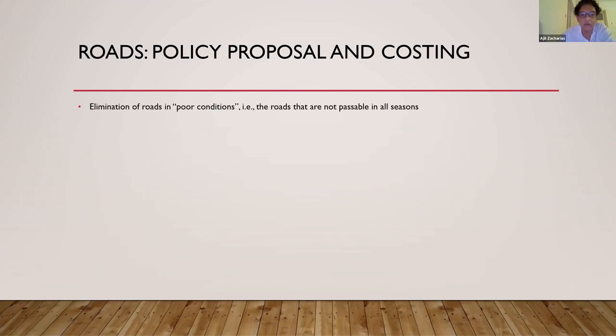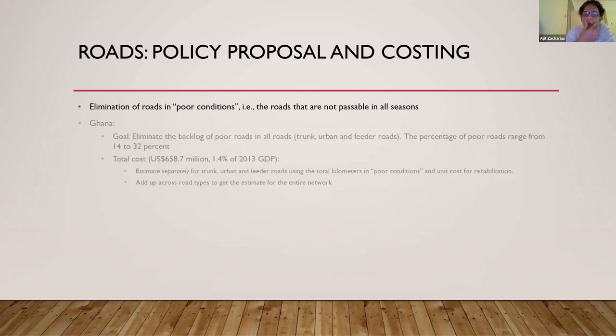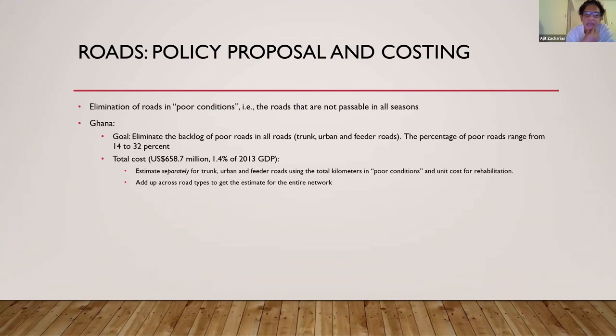So looking at roads, I'm just trying to give you an overall flavor of the research that went into it, not the intricate details, and you can read that in our report. The goal for both countries is the elimination of roads in poor condition, that is, roads that are not passable in all seasons.